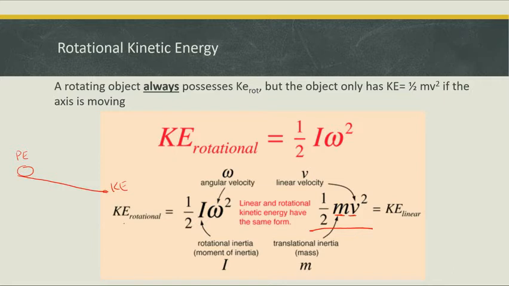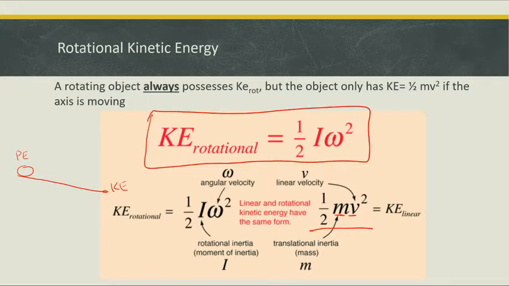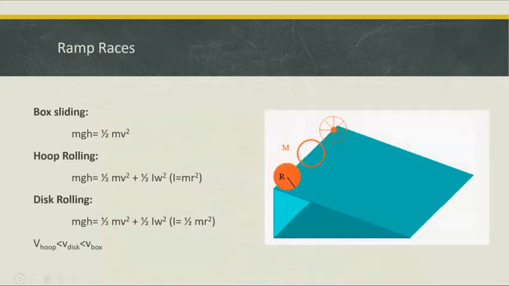So we end up getting kinetic energy equals 1/2 I omega squared. And I is your moment of inertia, and your omega is your rotational velocity. We're going to look at some problems dealing with our rotational kinetic energy in just a moment. But first, we're going to take a look at objects that are rolling down a ramp.